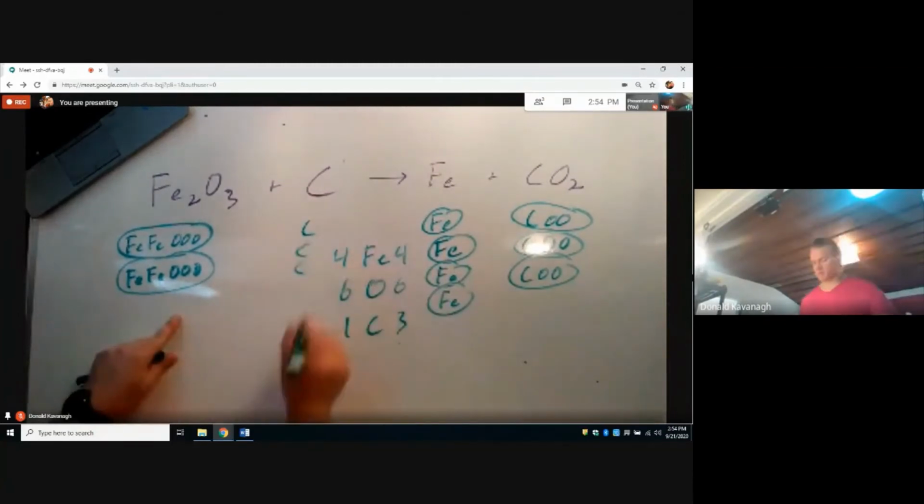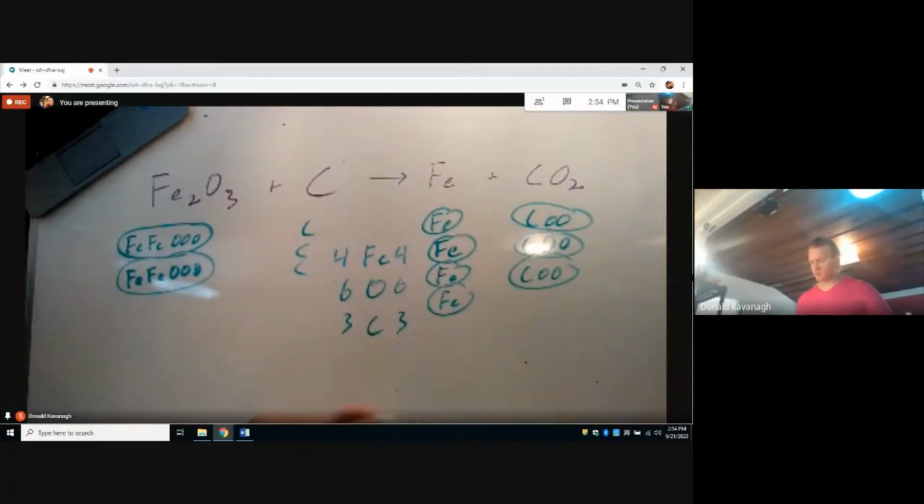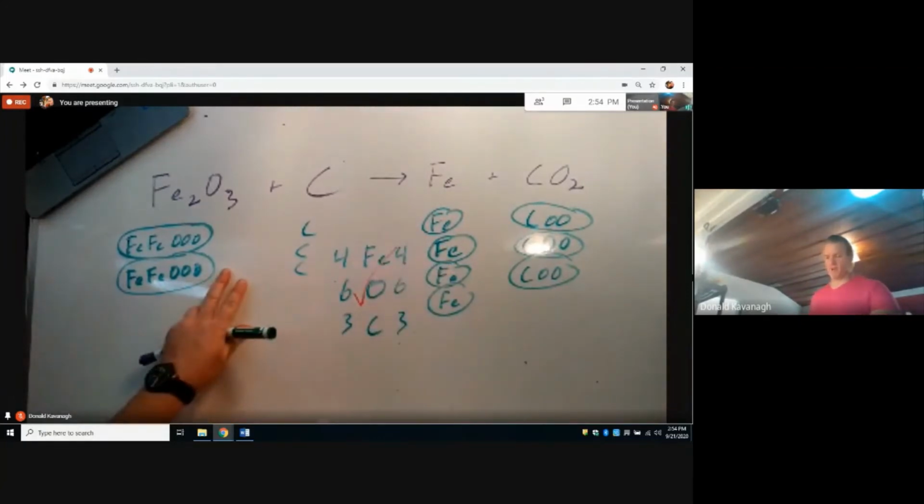Now they're balanced. The ledger is proof of conservation of mass. 4 iron atoms went in, 4 iron atoms are going to come out, 6 oxygens in and out, 3 carbons in and out.